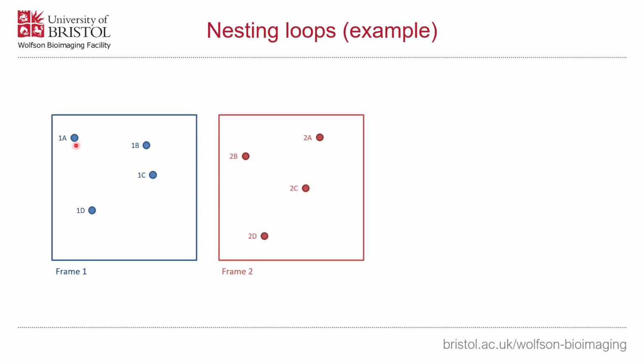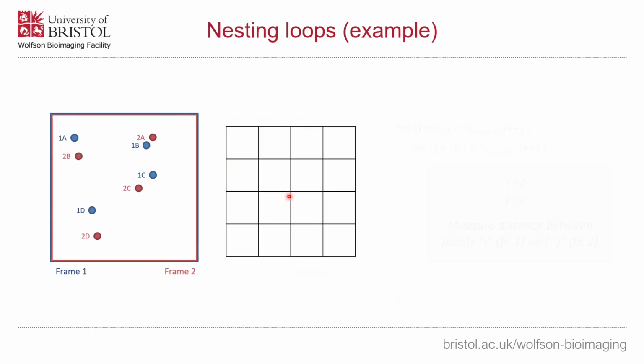And what we're going to do here, rather than what you will be doing later on, which is saying, what's the distance between this one and all its neighbours, we're going to say, what's the distance between this one and all of the objects in the second frame, what's the distance between this and all objects in the second frame, and so on.